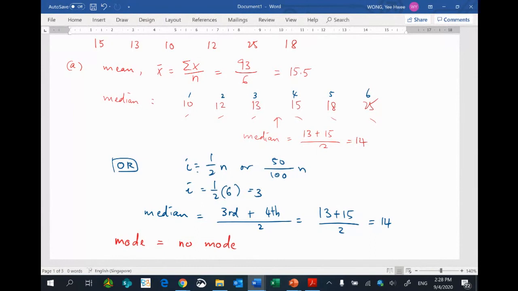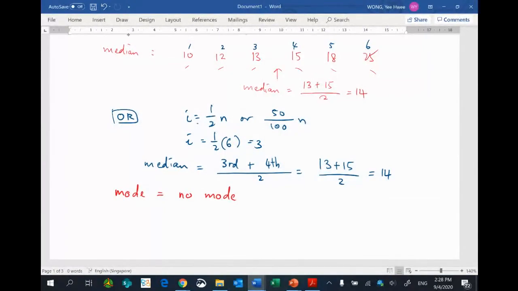But be careful, you don't write 0 here, because if you answer mode equals to 0, then anyone who looks at what you have written will think that there are a lot of zeros in the original data. There's not even one 0. So don't write any number there. You just write no mode, or you write none, or you just say that all numbers appear only once. Okay, so that's how you work it out.